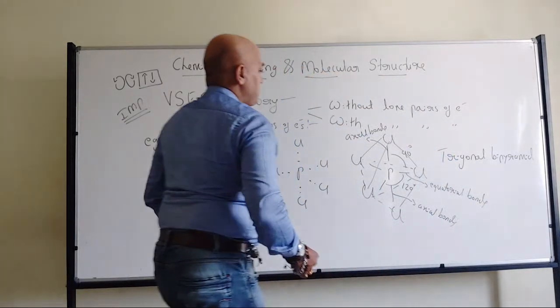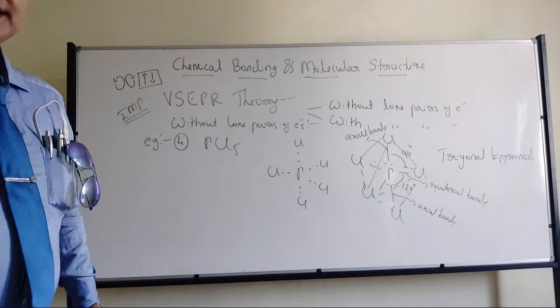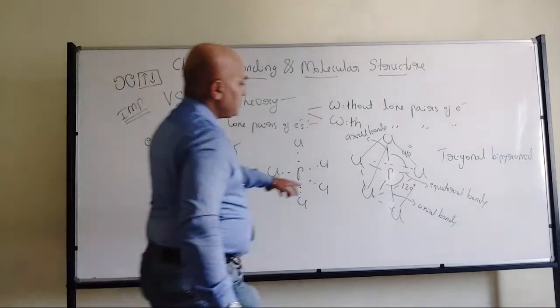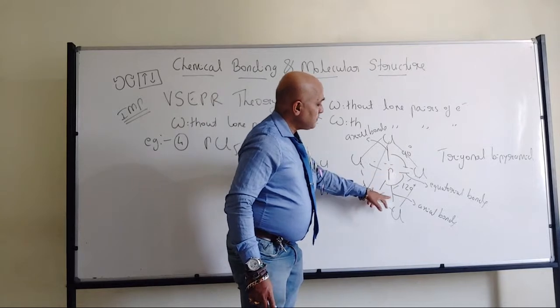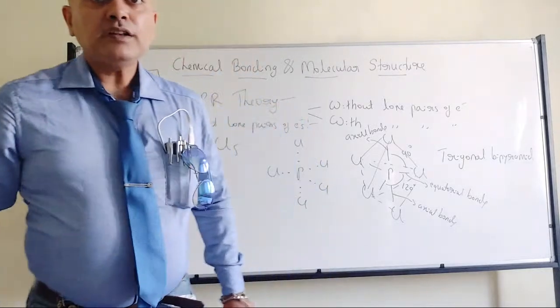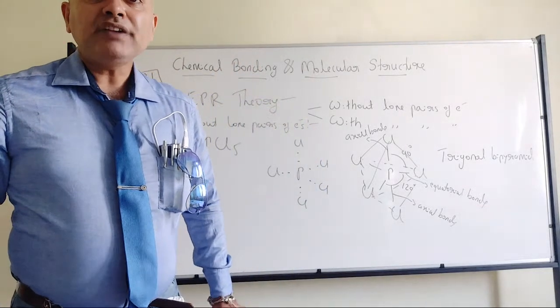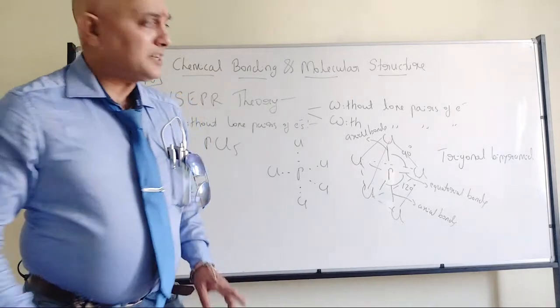Now please remember, in PCl5 all the bond lengths will not be the same. Equatorial bonds will be of one length and axial bonds will be of another length, where axial bonds will be a bit longer compared to equatorial bonds. Have you all understood? Please remember this.